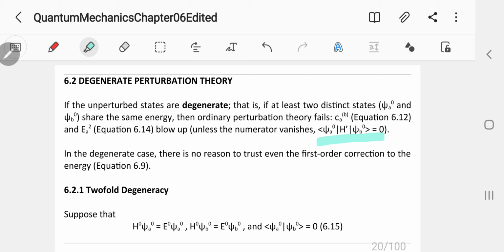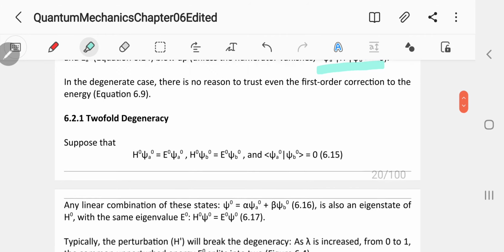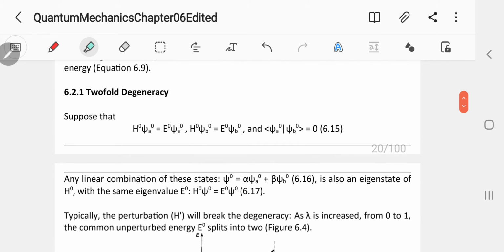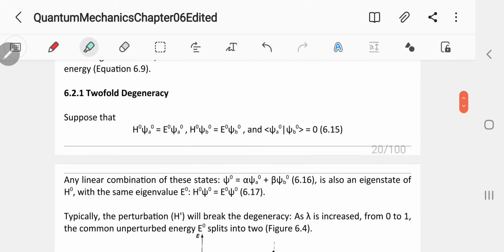So let's proceed with that. In this case, you will have to write the wave function to be a linear combination of the states of the same energy. These ones, phi A0 and phi B0, are states with the same energy.